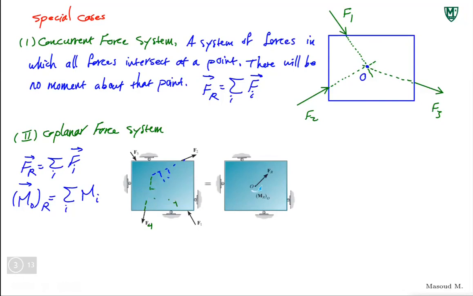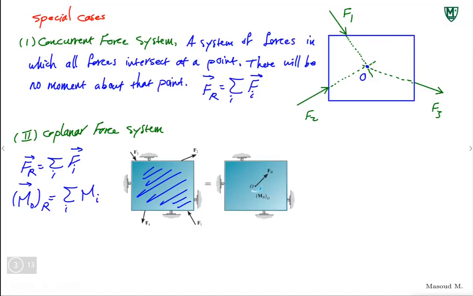Now, let me delete these. So far, so good, right? This is not that special. But the interesting case, in this case, if you use the right-hand rule, you will see that Fr is in the plane that all the forces are in. They're all in the same plane. And Mr, assuming that it is counterclockwise, the right-hand rule tells us that my thumb shows the direction in three-dimensional space.